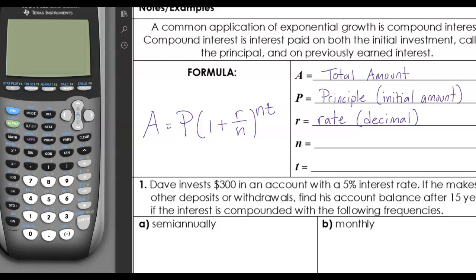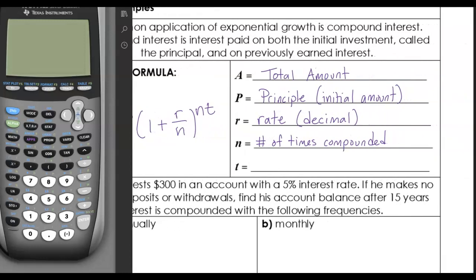The n stands for the number of times you're compounding per year. And when I say compounded, it just means like calculated, really. So it's the number of times you're calculating the interest per year.